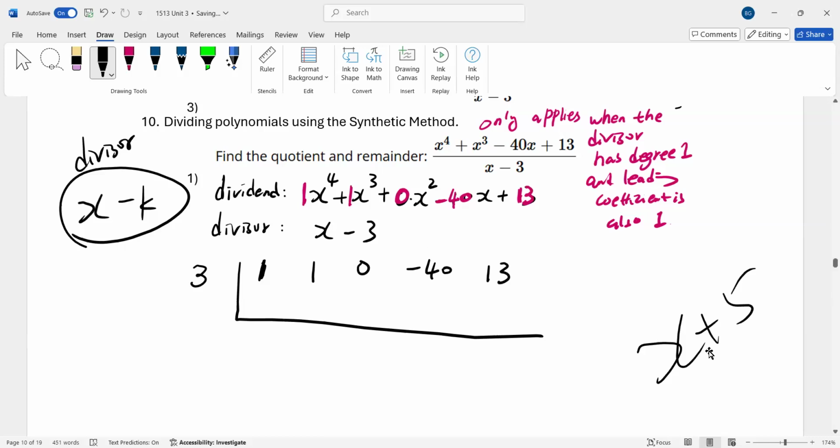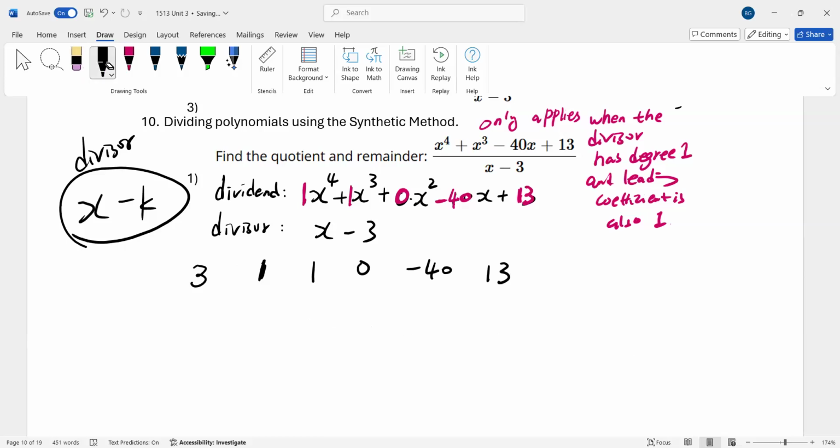If the divisor is x plus 5, then the number we place right here is negative 5. In our problem, we put k, which is 3, next to the big L.